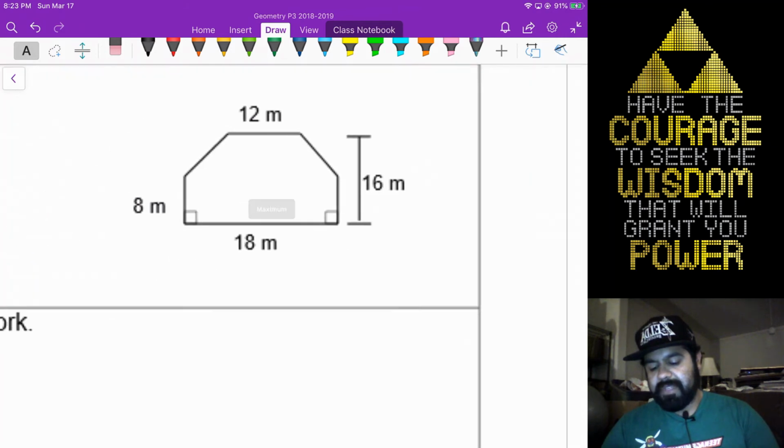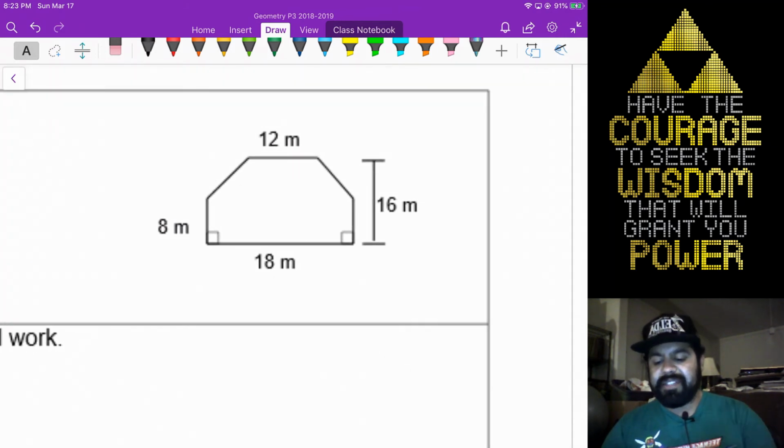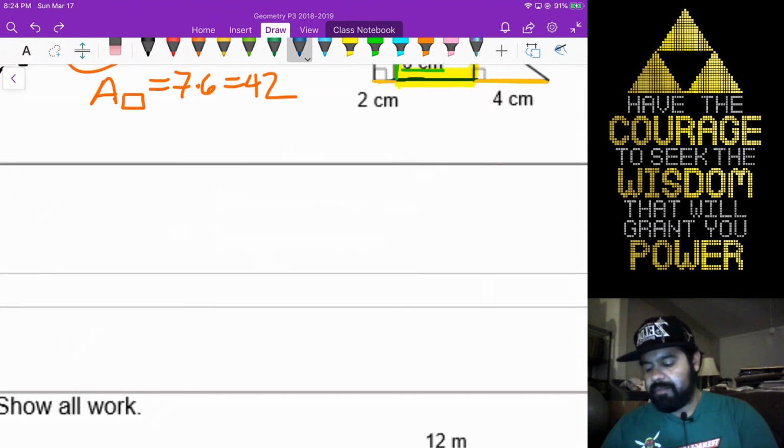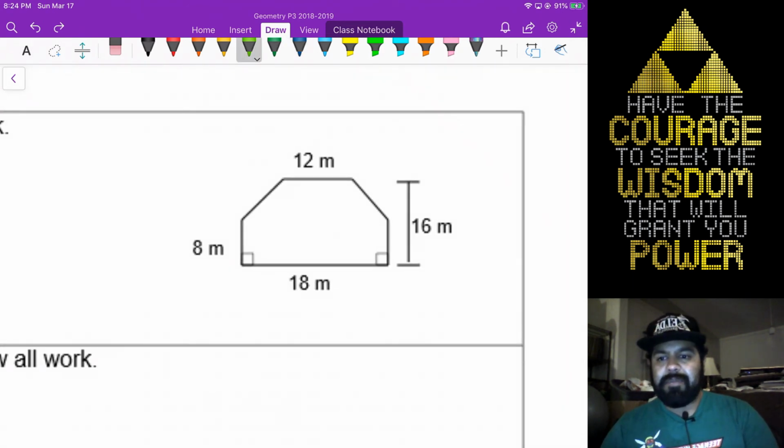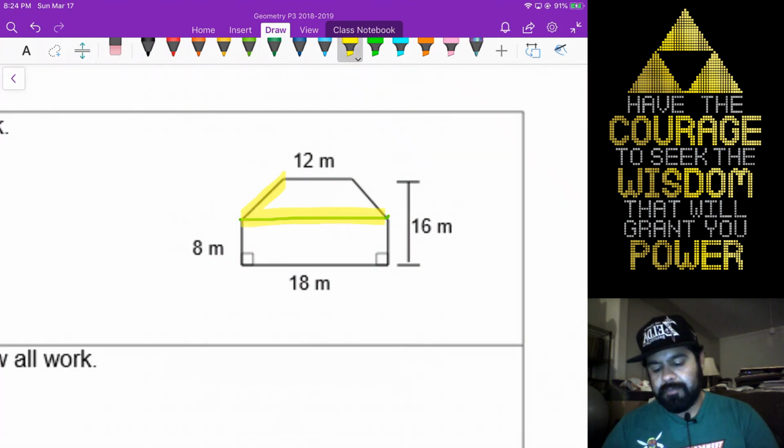Okay, so this appears to be a composite shape. Composite just means it's made up of multiple shapes. So we have a trapezoid, which again, our base of 18 can go right there.